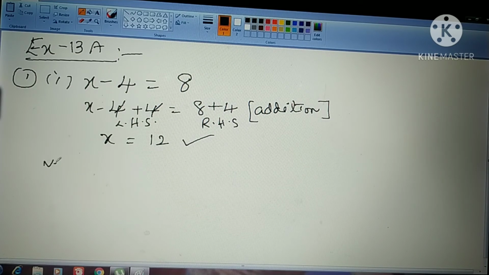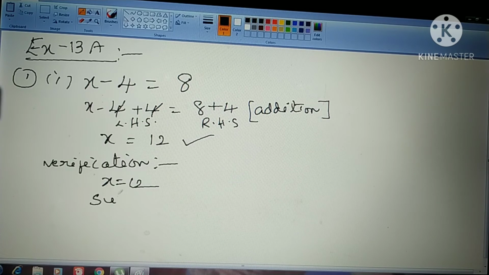Now verify this one, verification. We have to verify whether the value we found is correct or not. So x is equal to 12.